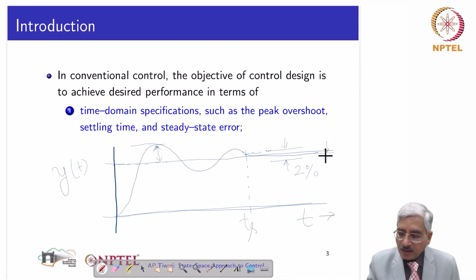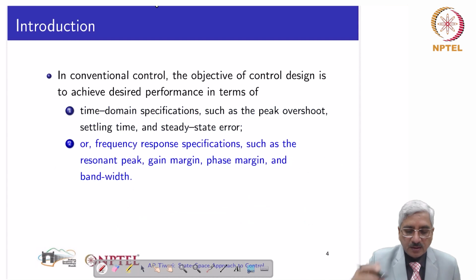For example, I have tried to show that the output remains a little less than the expected output when time tends to infinity, when the time becomes very large, and this is the steady state error in response to the step change in input. So in conventional control, the control objective has been to achieve a desired performance specified in terms of such parameters like peak overshoot, settling time, steady state error, rise time, etc.